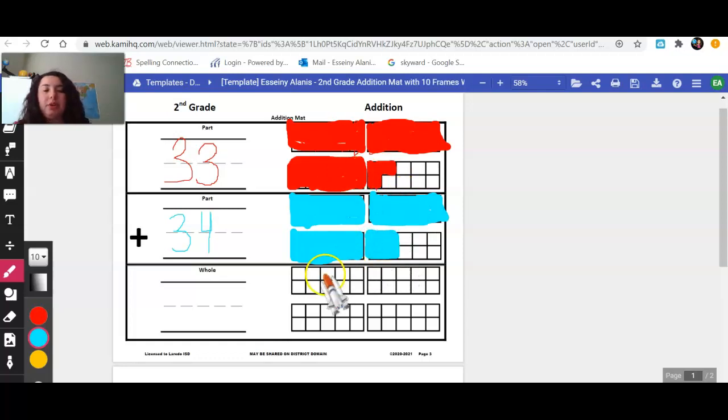That is equal to 34. Now I can use my pictorial model to help me.